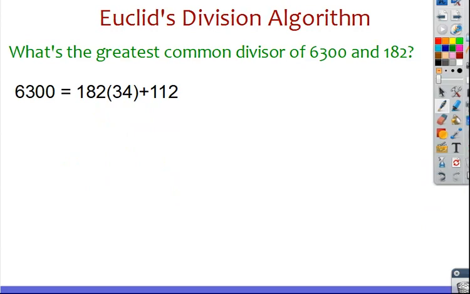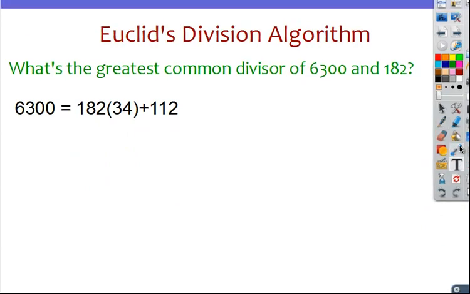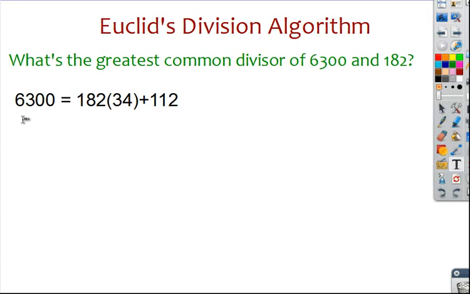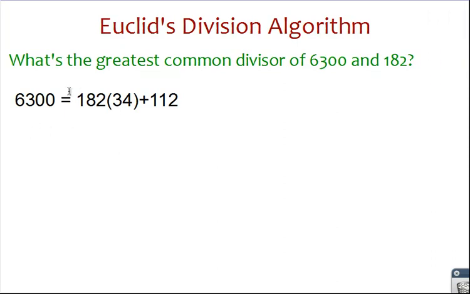Where we go next is to express 182 in terms of 112, because if 6,300 and 182 have a greatest common divisor, then that divisor is also the greatest common divisor of 182 and 112.